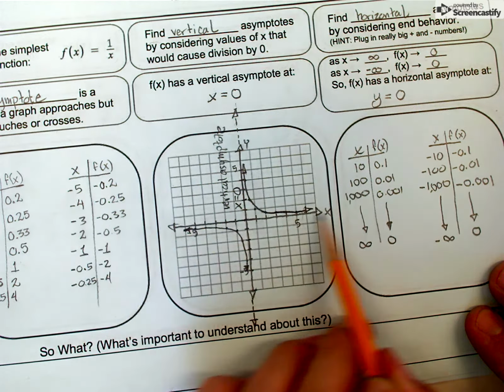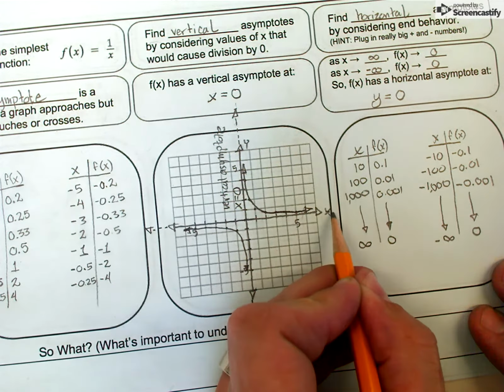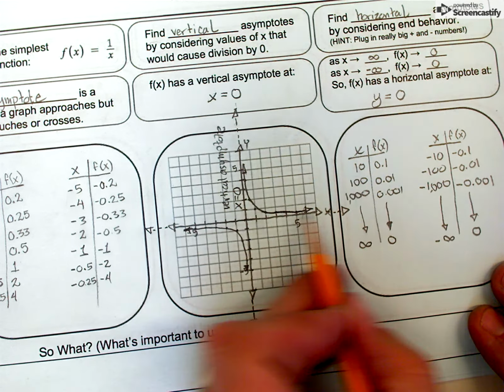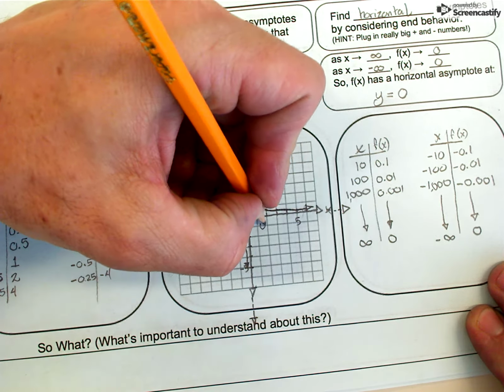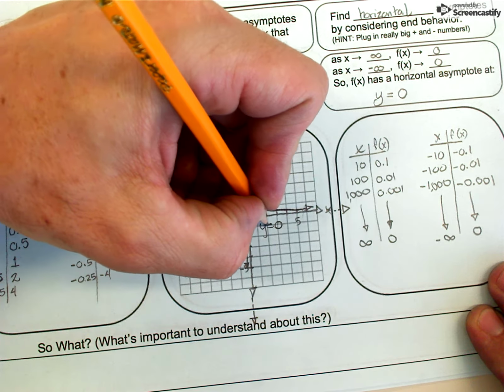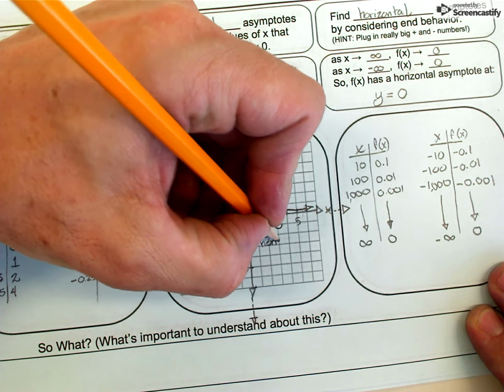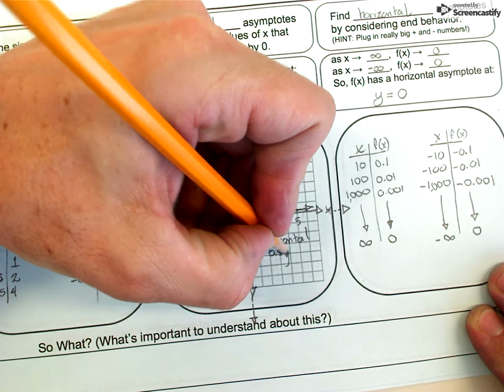This is the line y equals 0. Again, we usually use dotted lines to represent our asymptotes. It's a little tricky because our asymptote is actually right on the axis. But I'm also going to label y equal to 0 right here on my graph. I'm going to just say that that's a horizontal asymptote.